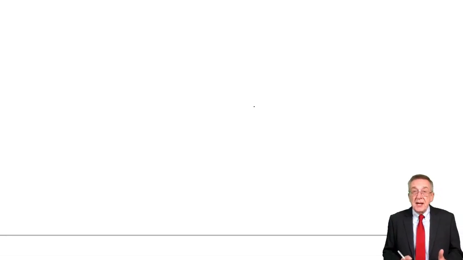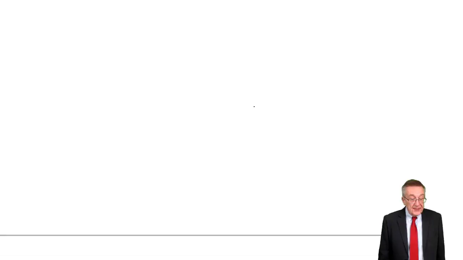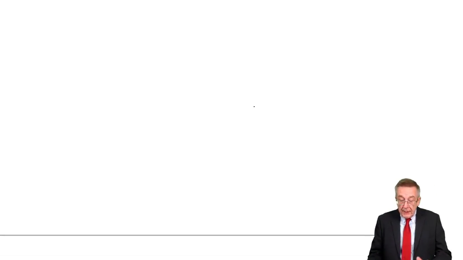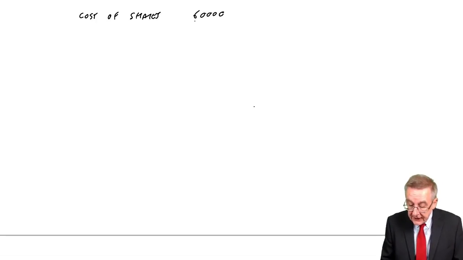In P's own statement, one of their assets is the shares they bought at the cost of 60,000. So let me start doing some workings. The cost of the shares: £60,000.